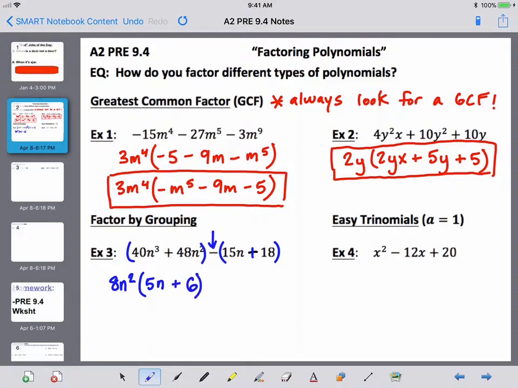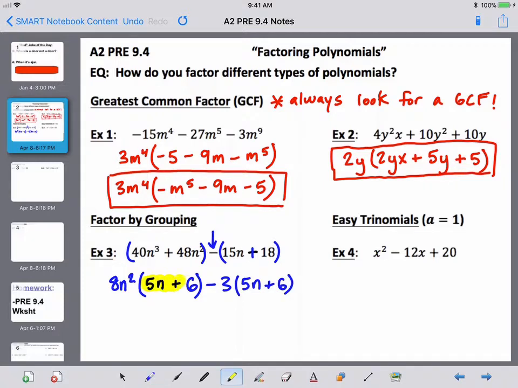So if I would redistribute that 8n squared, I would get back to the beginning. The second piece I have is minus 15 and 18 are both divisible by 3. And then if I factor out a 3, I have 5n plus 6 left over.